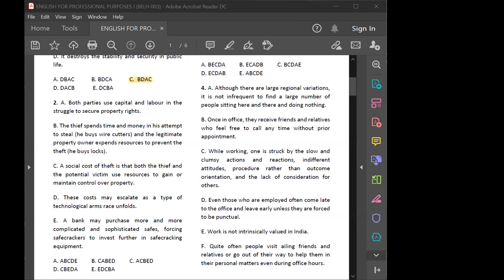So I'm thinking that if C is the starting of the paragraph, then we can place B and E continuously, as the hard work of the thief is described in B, and E is telling about a bank maintaining its safety related issues. I think it should work as a victim.